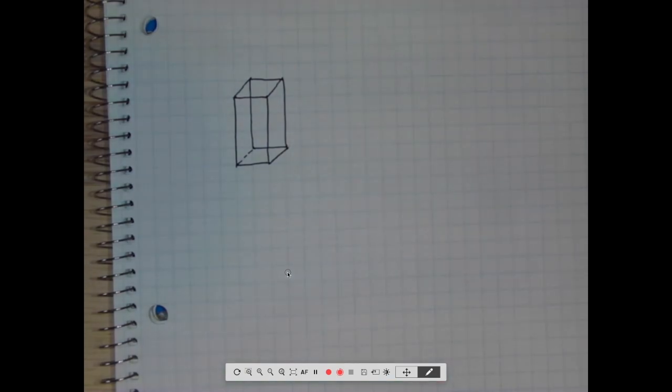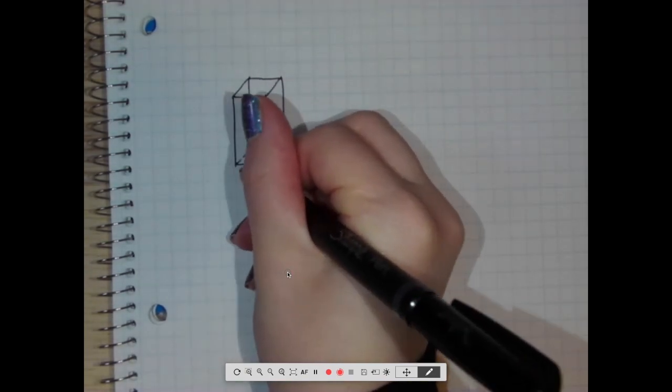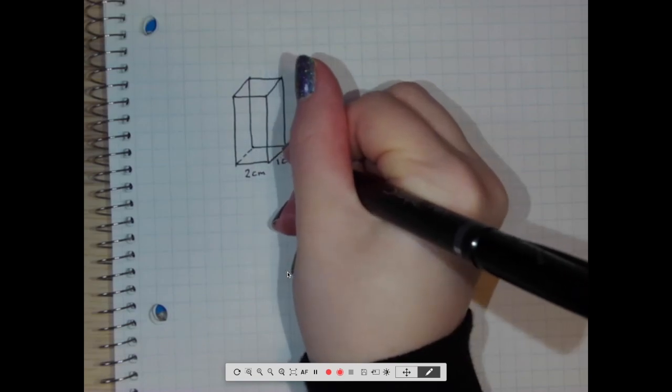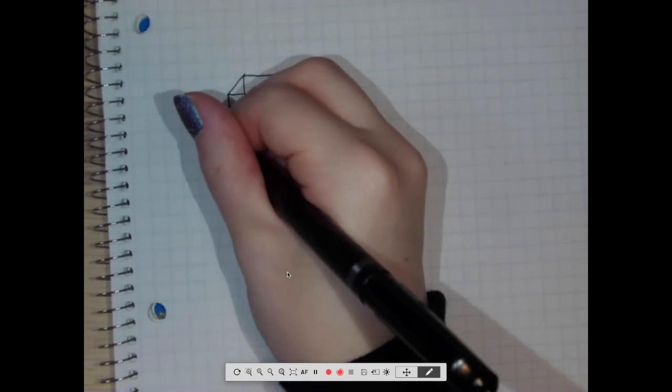Let's say this one here is 2 centimeters, 1 centimeter, with a height of 4 centimeters.